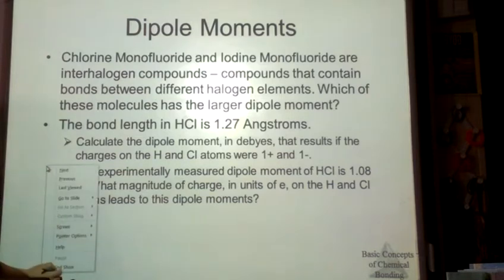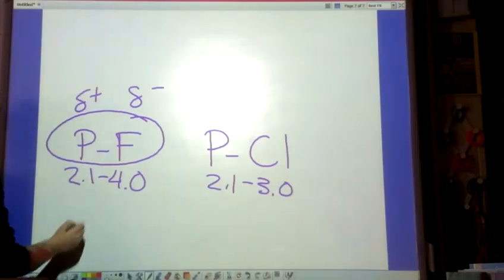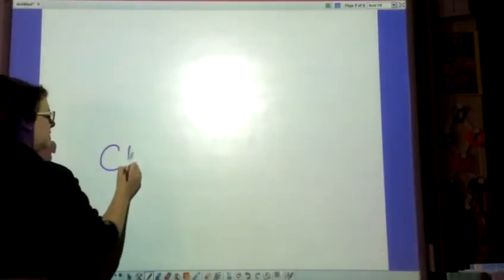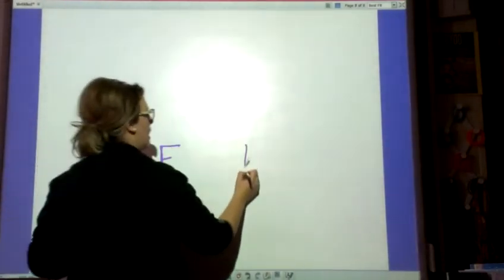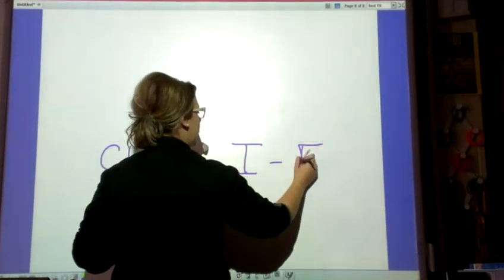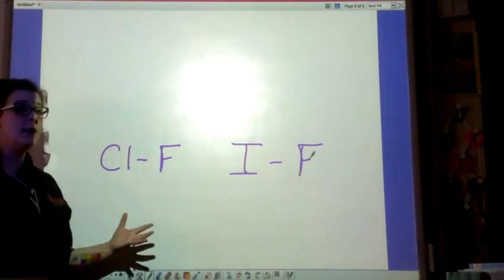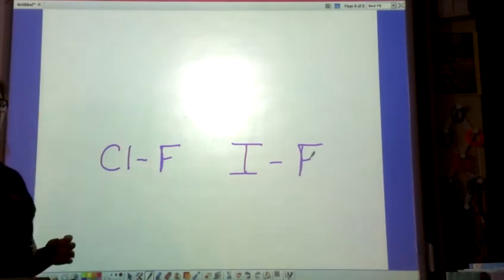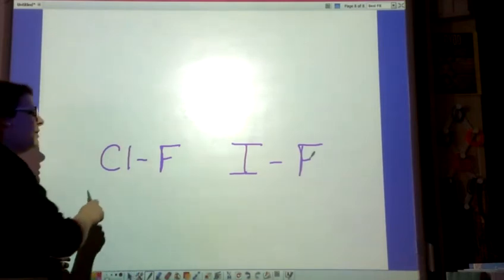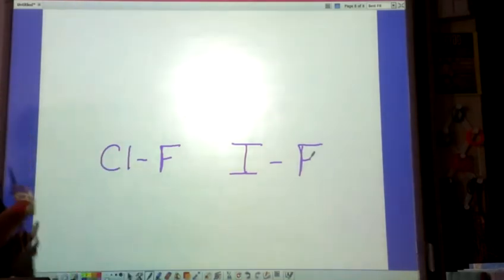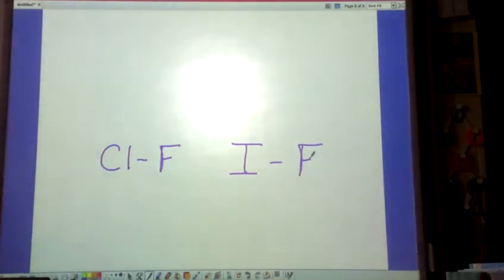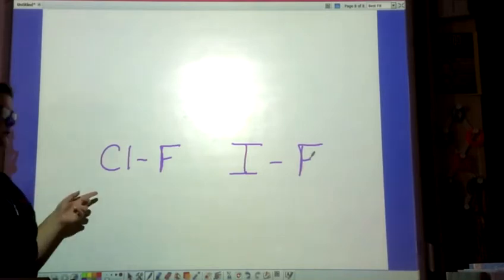I first just want you to use logic and your periodic table, without the electronegativities as help, to figure out which one of these would be the more polar bond.